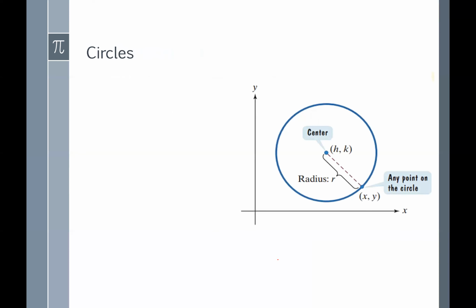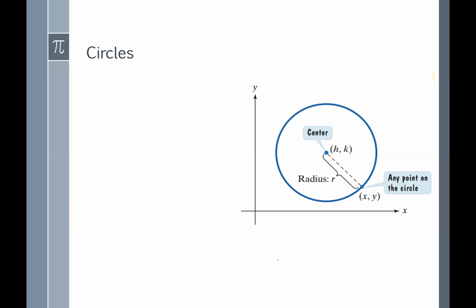So here is an image of a circle in the coordinate plane. We have a center, and we're going to label that center (h, k). That is just a typical designation that mathematicians use to designate the center of a circle.